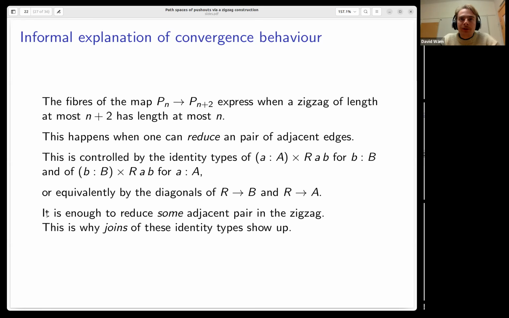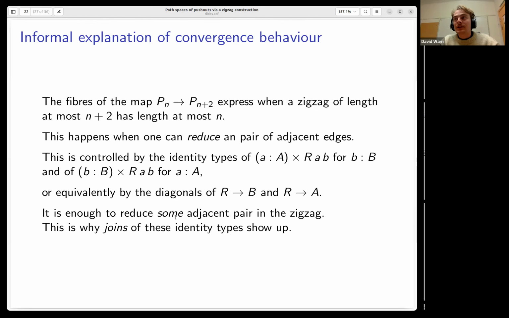And I want to stress this: you have some list of edges, and to show that it has length at most n, it's enough that you're able to reduce one of these adjacent pairs, and there's some kind of confluence property which should show that whichever one you choose to reduce, you end up with the same reduction in some appropriate sense.